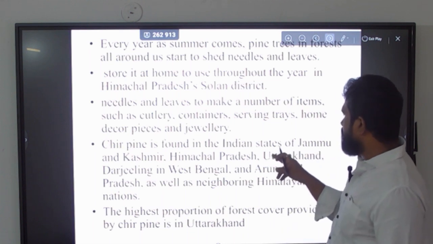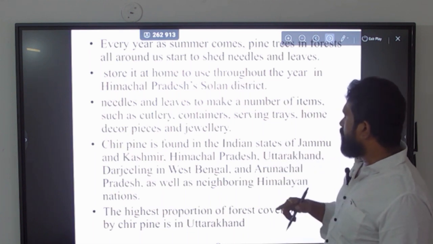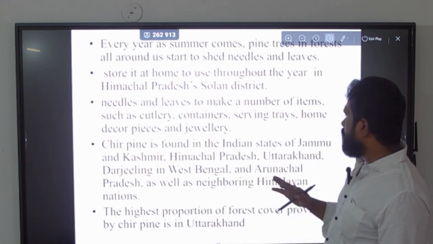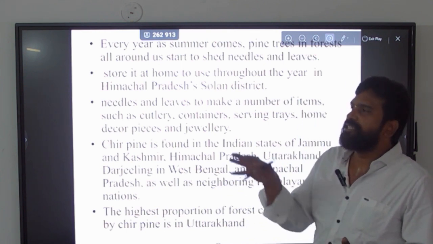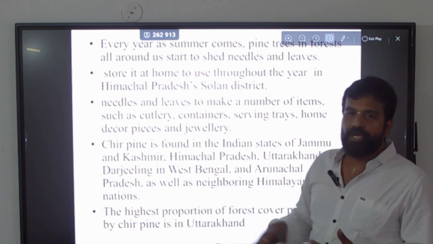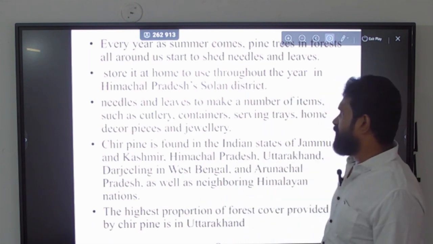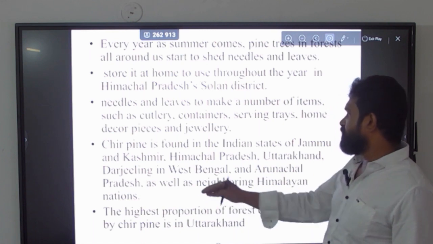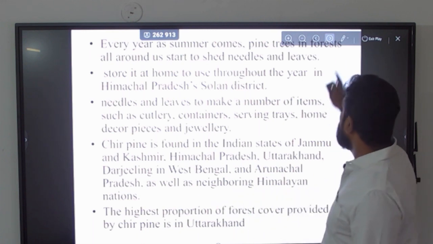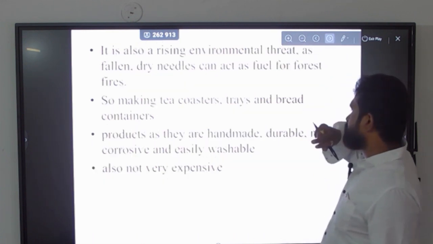Jammu and Kashmir, Himachal Pradesh, Uttaranchal, West Bengal, Arunachal Pradesh, and also in some Himalayan nations like Nepal and Bhutan, we can find these trees. And the highest proportion of chir pine you can see is only in Uttarakhand.